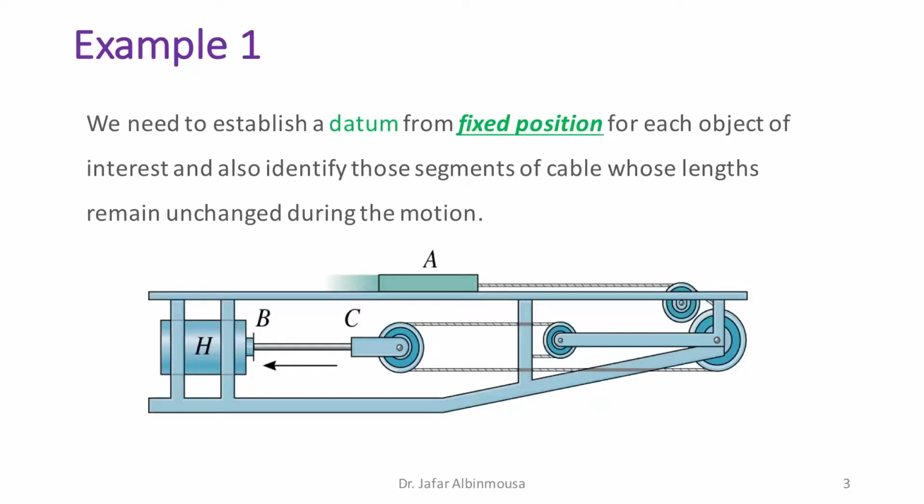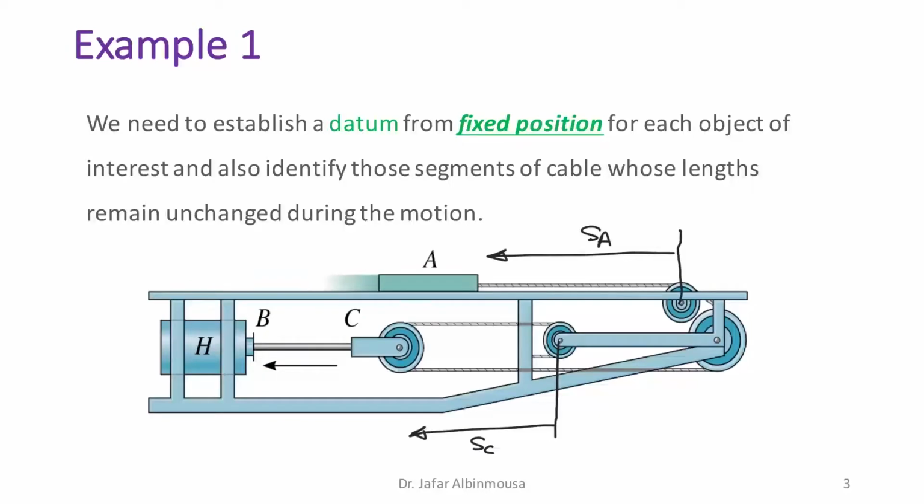For example, we can say that this point is fixed, and we call this SA. So this is the datum that is going to measure the length SA. And from here, which is also fixed, we can shoot an arrow toward C, and we call this SC.